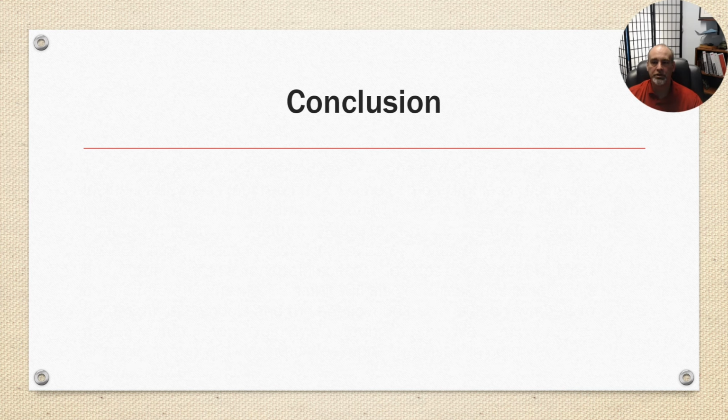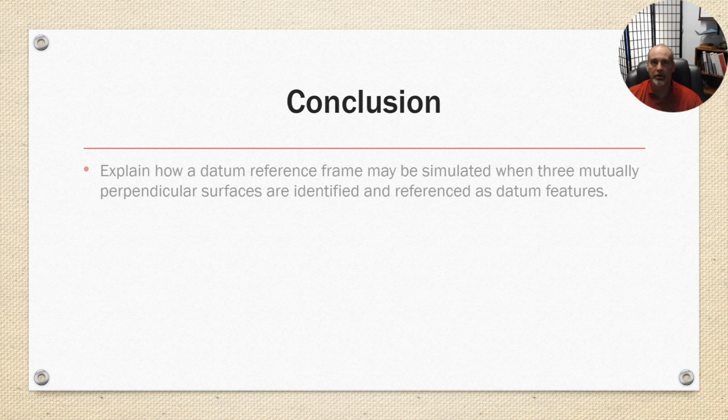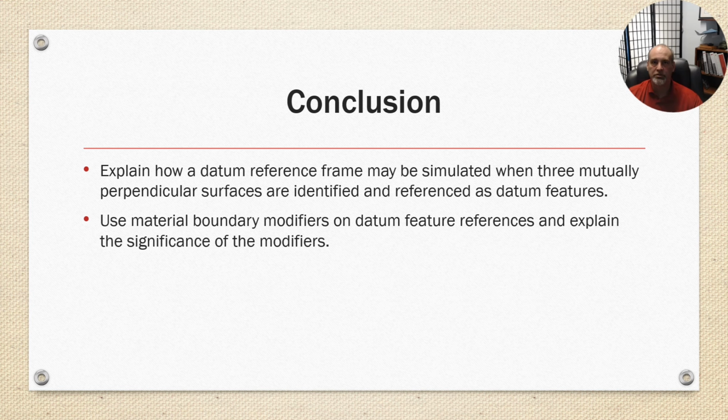In conclusion, by the end of this lesson, you were able to explain how a datum reference frame may be simulated when three mutually perpendicular surfaces are identified and referenced as datum features. Use material boundary modifiers on datum feature references and explain the significance of the modifiers.